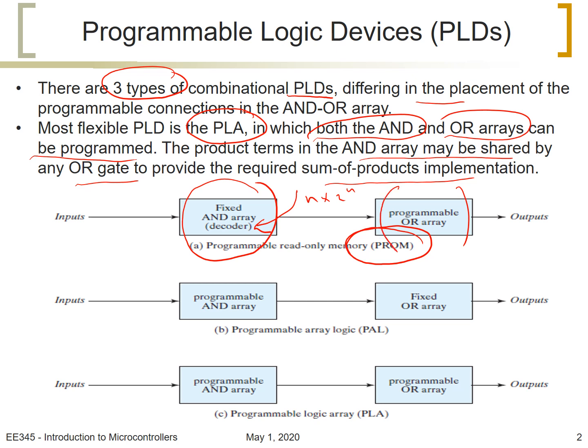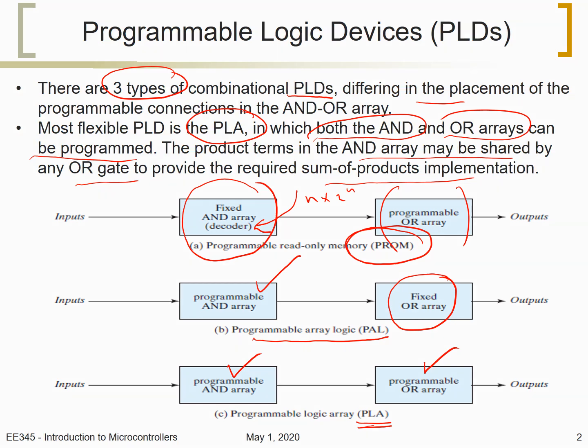Contrary to this is what is called a programmable array logic, PAL, which has a fixed OR array, but the AND array is programmable. And as we have just mentioned, the most flexible is the PLA, the programmable logic array, where both the AND array and the OR array are programmable.